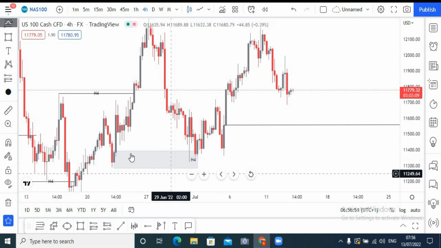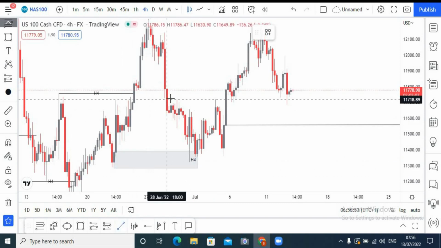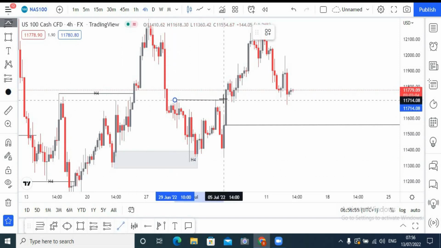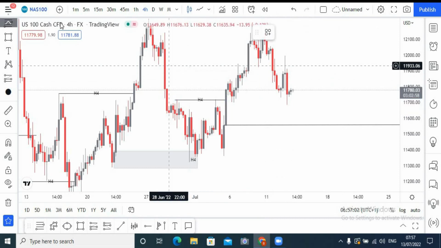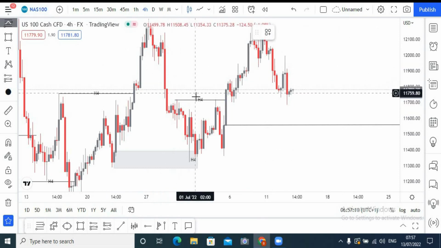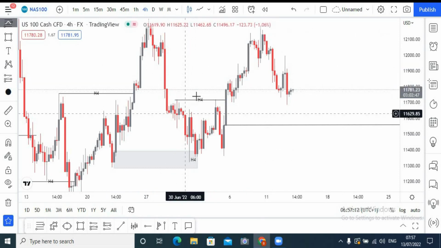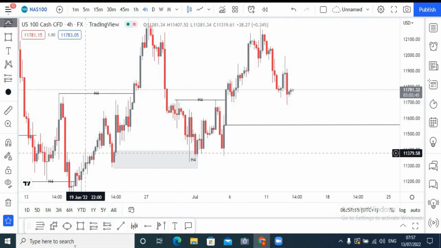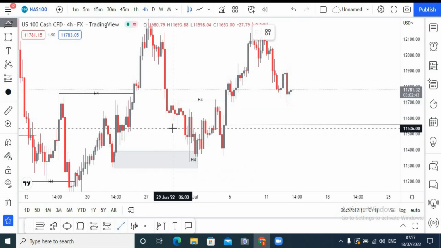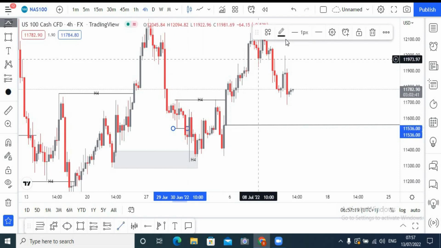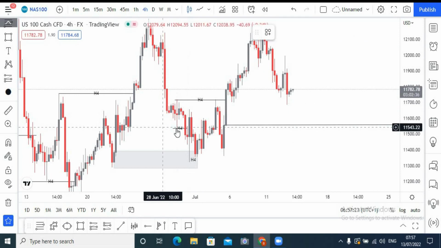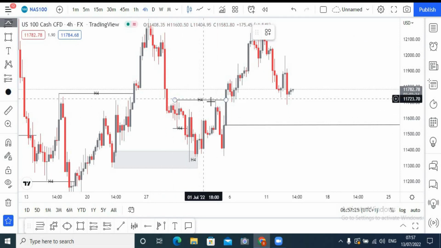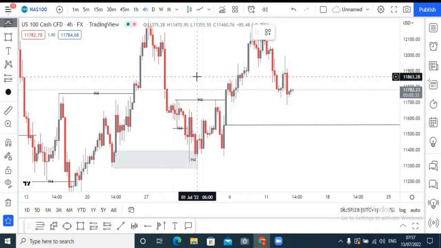So as you can see, also we did have a change of character. We did have a change of character right there. So price gave us a change of character, and also down here we did have a break of structure. So that price just took out this zone, confirming that now price is on an uptrend.